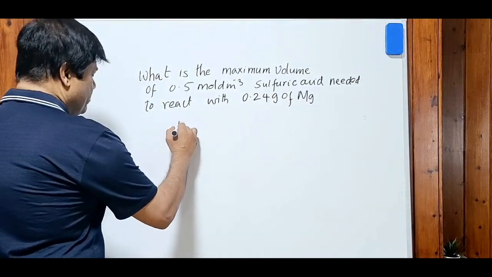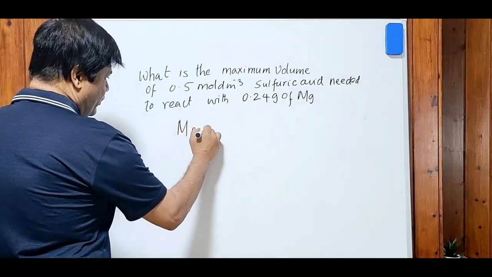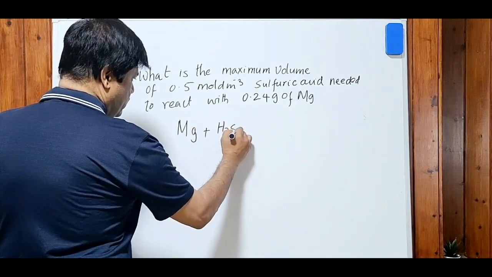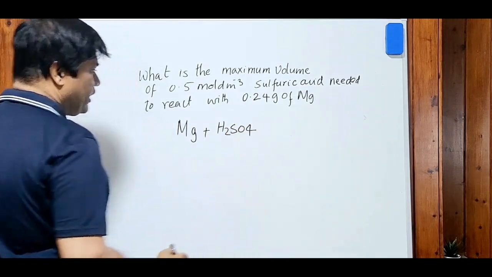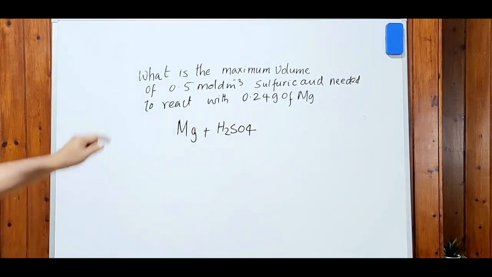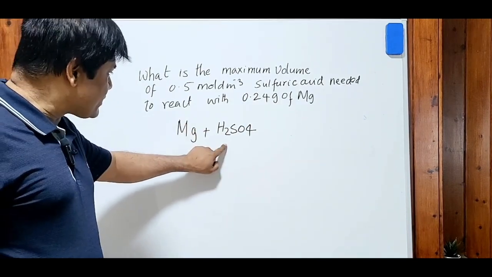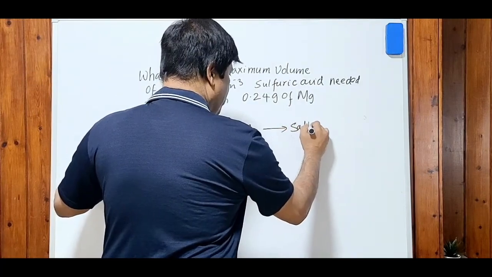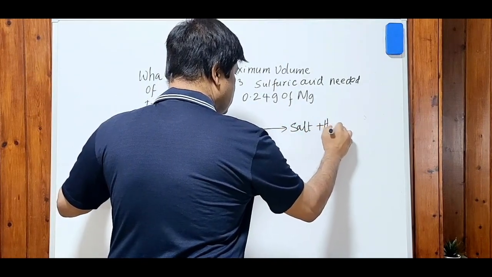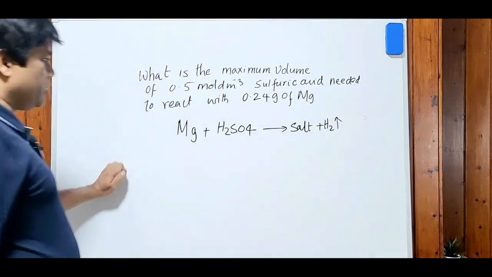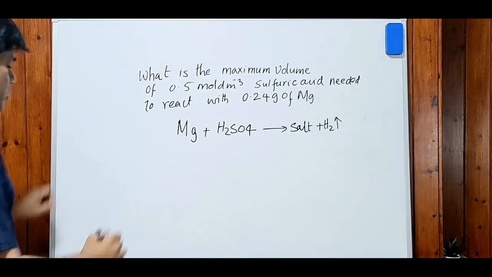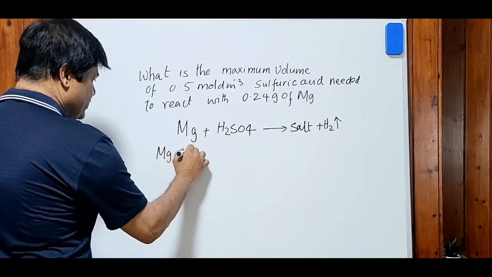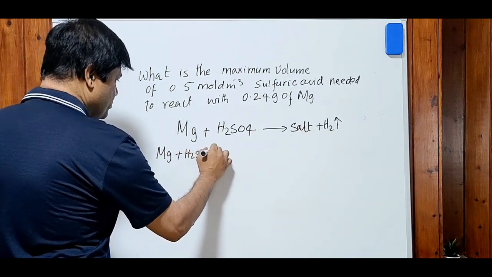So magnesium reacts with sulfuric acid to form what? Any idea? Any guessing? Metal reacts with acid to form salt plus hydrogen gas coming off. So magnesium, Mg, reacts with sulfuric acid to form magnesium sulfate.